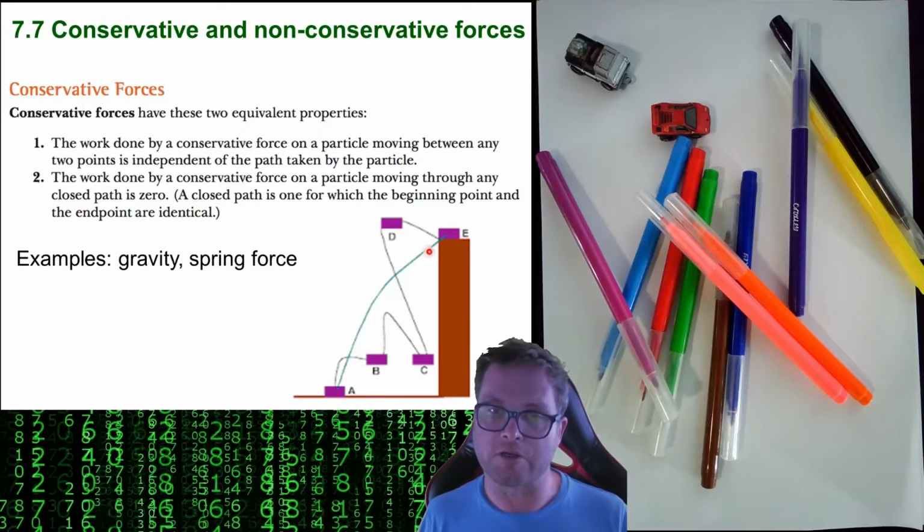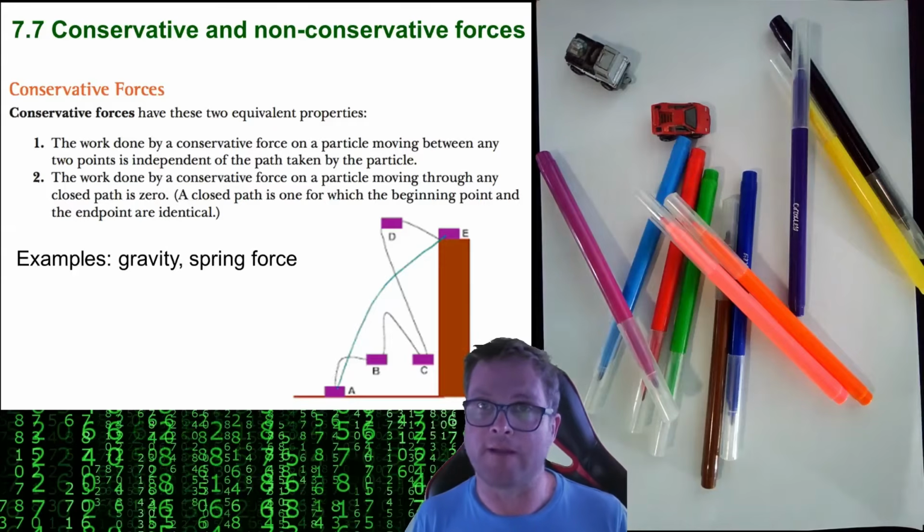So it could move to point E through points A, B, C, and D. Since gravity is a conservative force, it means that the work done by gravity will be the same in each of these two cases. It will be independent of whether you take it on this long route or on a short direct route. The work done by gravity will be the same in both cases, and the reason for this is that gravity is a conservative force.